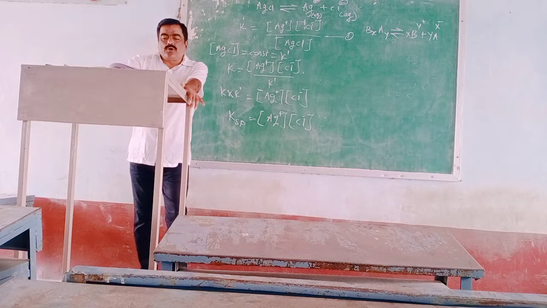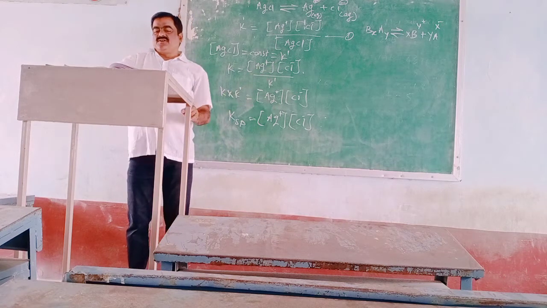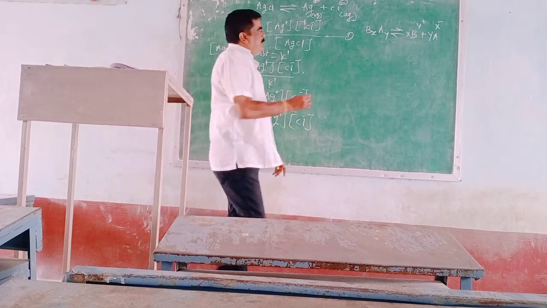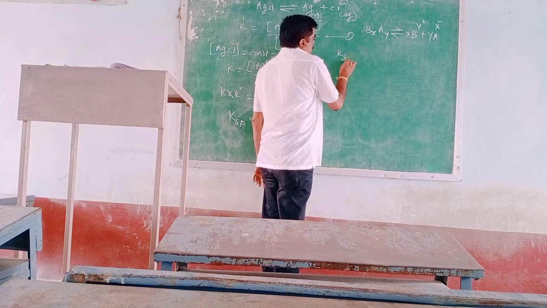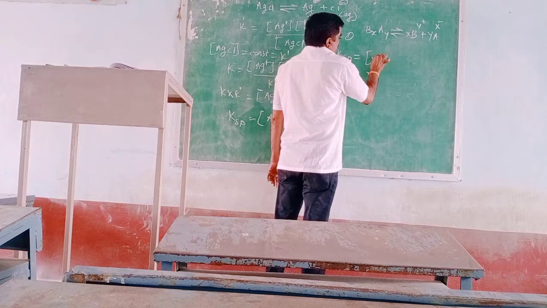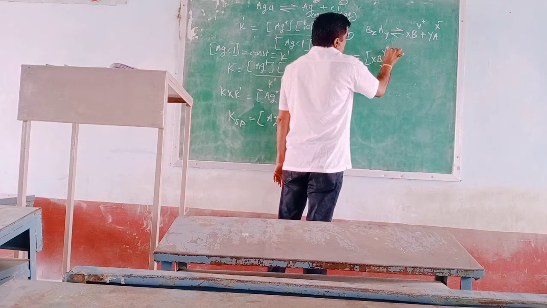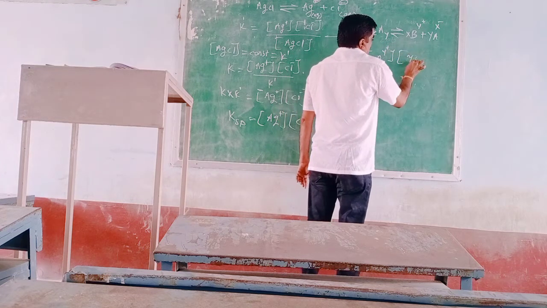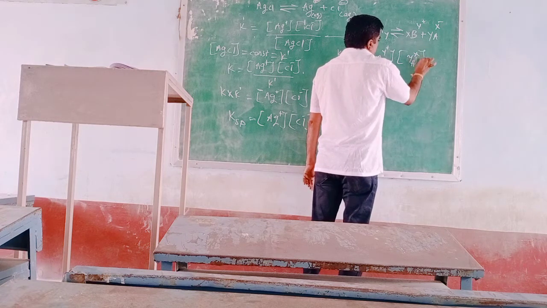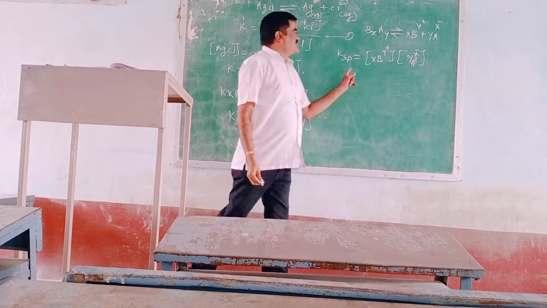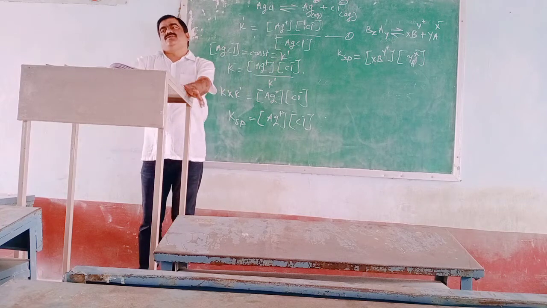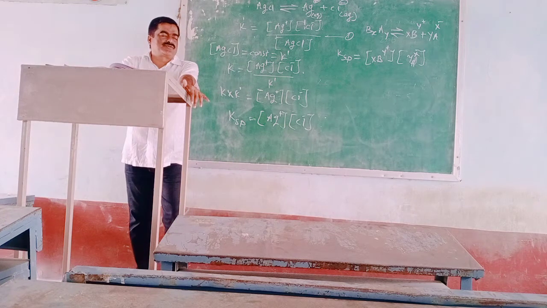Thus, the solubility product Ksp for this general salt equation is Ksp equal to the concentration of B^(y+) raised to x into the concentration of A^(x-) raised to y. This is the solubility product Ksp for the general salt equation.